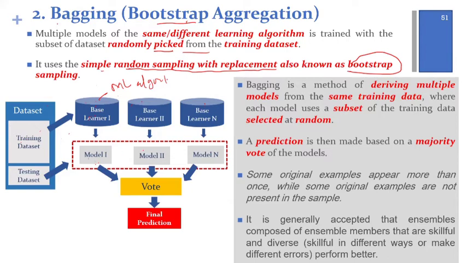So you have the first model, the second model, up to n, depending on the number. It could be 3, it could be 7, it could be as many as you want, thousands. The more you have, sometimes the better, but what matters is the diversity in the ensemble.